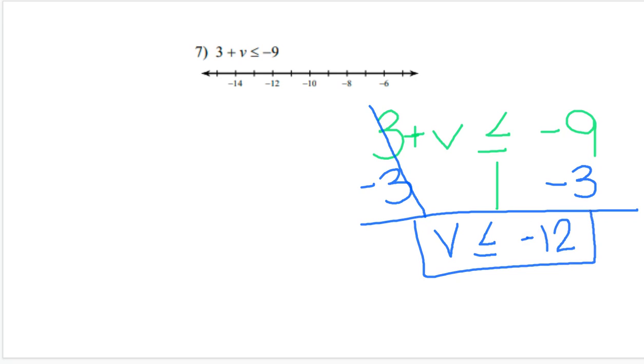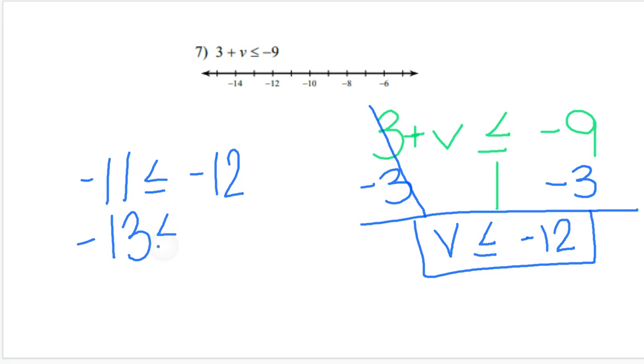So now we're going to do the same thing we did before. Is negative 11 less than or equal to negative 12? Or is negative 13 less than or equal to negative 12? Well, if I think about it, I know that the bigger the negative number, the smaller it is.